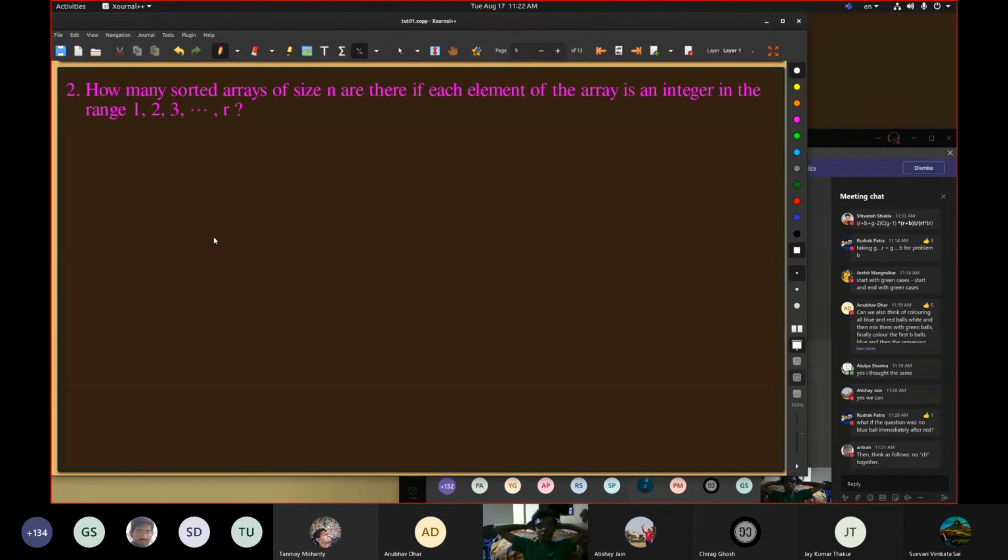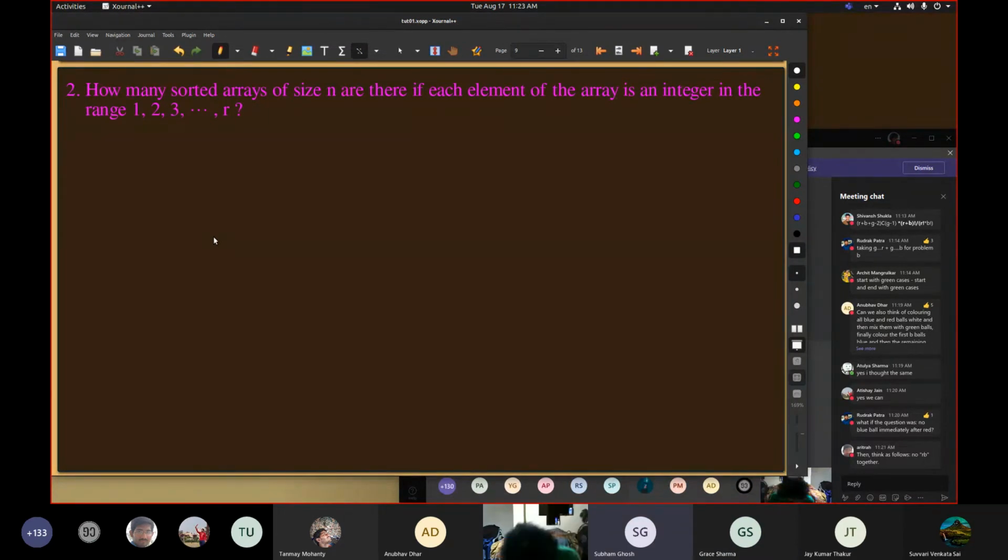How many sorted arrays of size n with each element in the range 1 through R? This is also not very difficult, but just figure out why. You can take the number of times 1 appears, the number of times 2 appears.